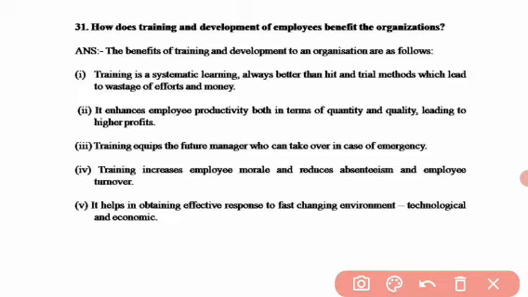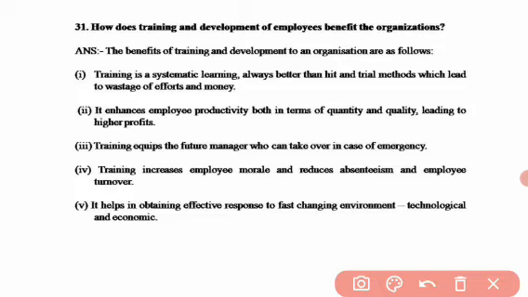Next, training increases employee morale and reduces absenteeism and employee turnover. With the help of training, the interest of an employee increases, and also it increases the regularity of an employee. It means it reduces absenteeism.